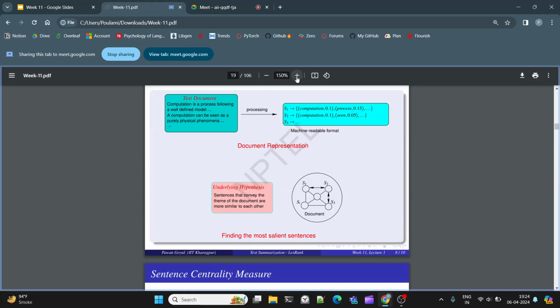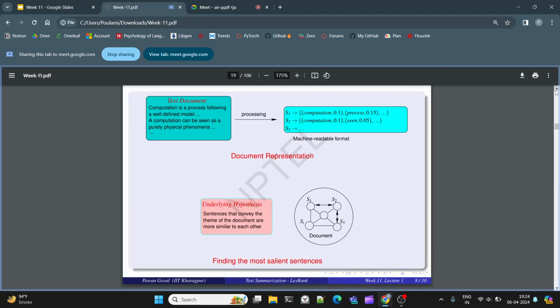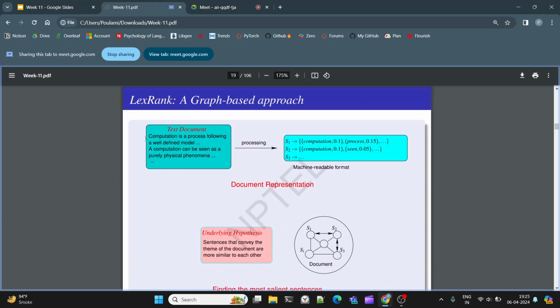Yeah, so here you see each of the sentences. That would be one document that we are thinking about. Each of the sentences we are representing like this: the word and the corresponding TF-IDF score. Now say that you have only one document. Then also you can go ahead with this approach.